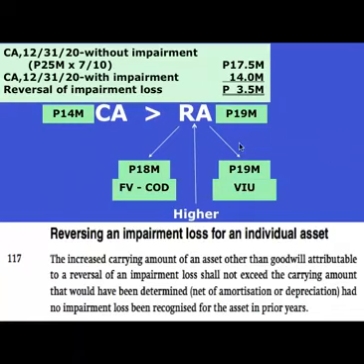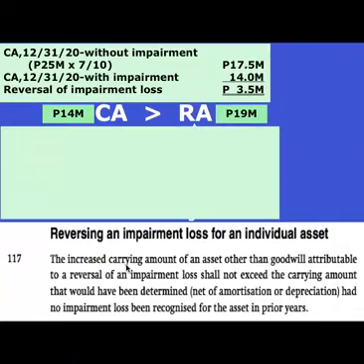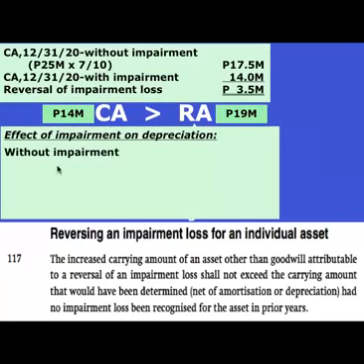So, let's compare the depreciation. So, ito yung naging effect of impairment on depreciation. Ignoring impairment, magkano yung cost? 25 million. Divide mo siya ng 10. Supposed to be, without impairment, 2.5 ang depreciation.